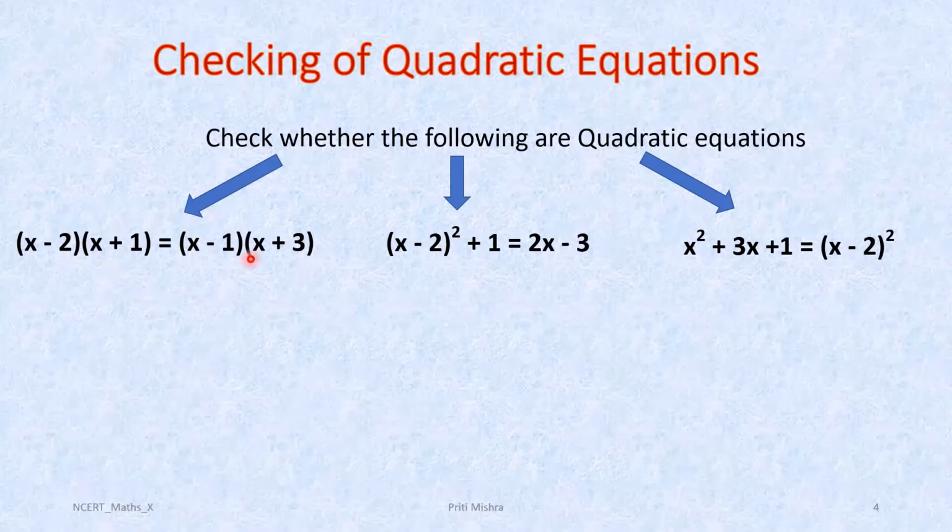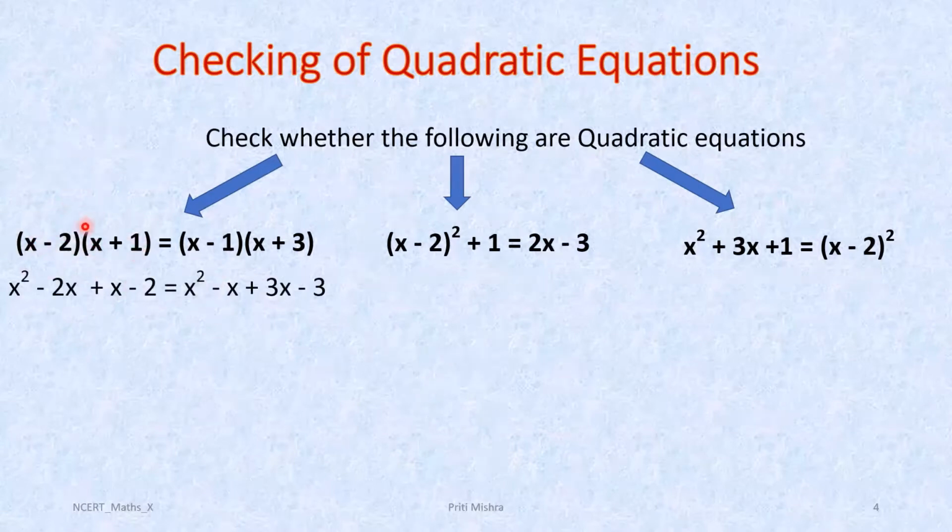So in order to simplify, we will multiply the given terms on the left hand side and then on the right hand side. After multiplication, here we are having x square minus 2x plus x minus 2. Now after multiplying these two, x square plus 3x minus x minus 3.